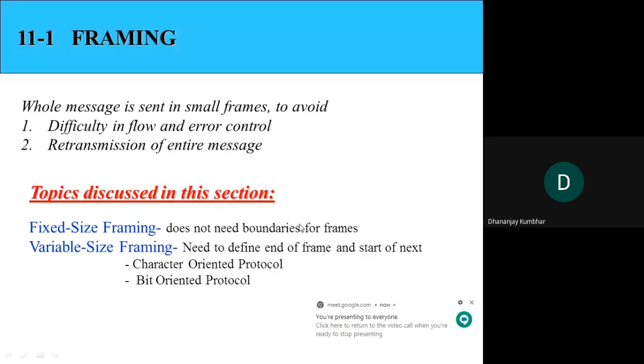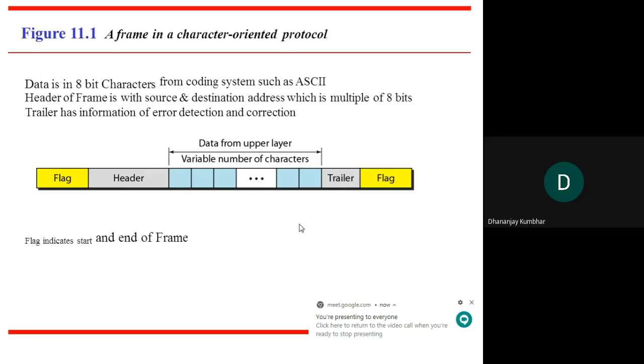Okay. Now, if we go ahead with variable size framing, then we have two types: one is the character oriented protocol, and the next is the bit oriented protocol. Let us study them one by one. Character oriented protocol means the data we will be transmitting, whatever number of bits we select, will be in specific blocks.